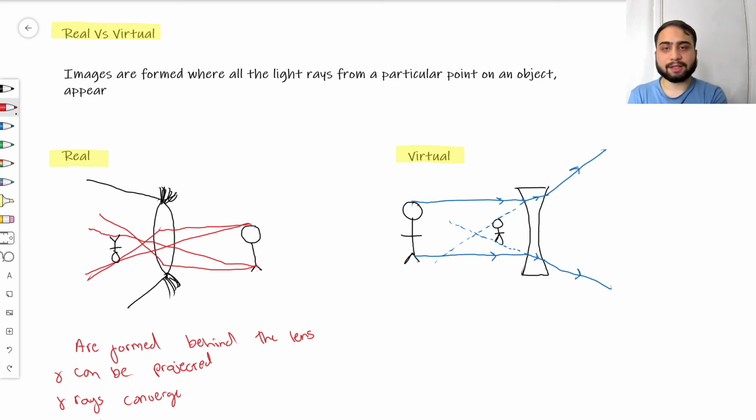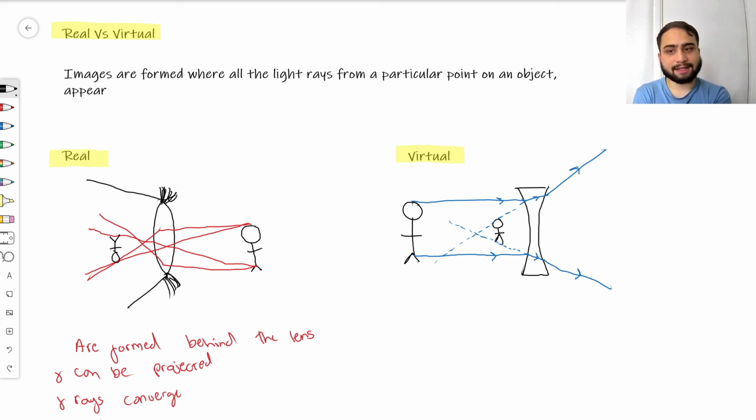Here I have an extremely crude drawing of the human eye. If you look at the human eye shape here, what sort of lens is this? If you said convex, you are right. The human eye is a convex lens. Here we can see my stickman with no arms. Let's put his arms in. All the light rays coming from the top of the stickman's head and the bottom of his legs are going through the eye, the convex lens, and here we see all these light rays at the back converge.